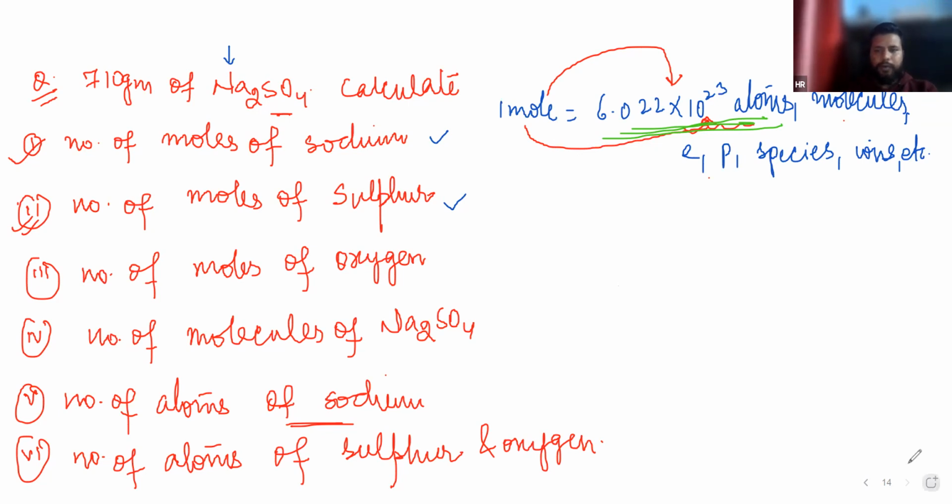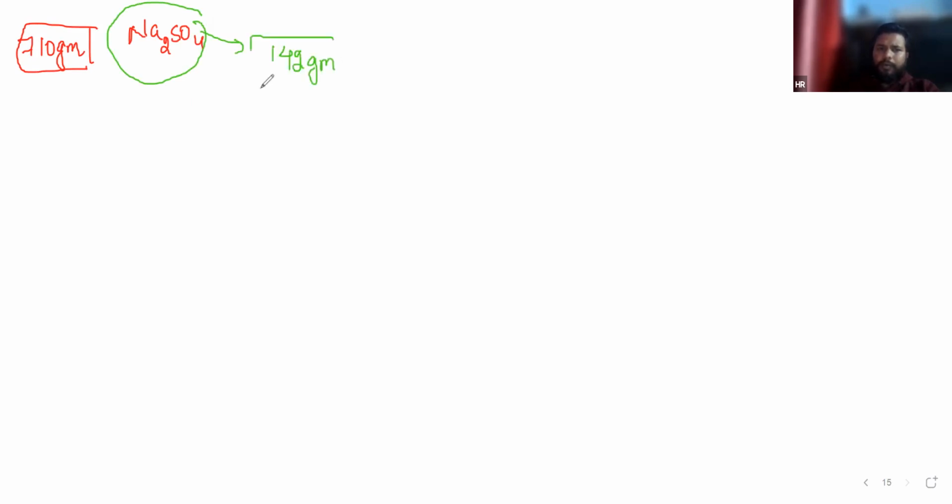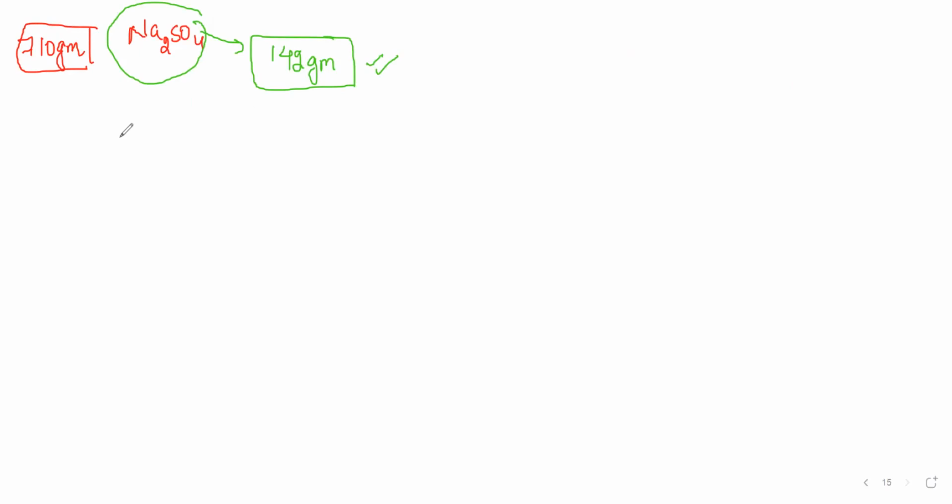Okay, I'm going to solve it. Just see how much gram is given. 710 gram of what? Na2SO4. First, we will calculate the molar mass of Na2SO4, which is 142 gram. Is there any problem for anyone in calculating molar mass? Yes or no? No problem, sir.